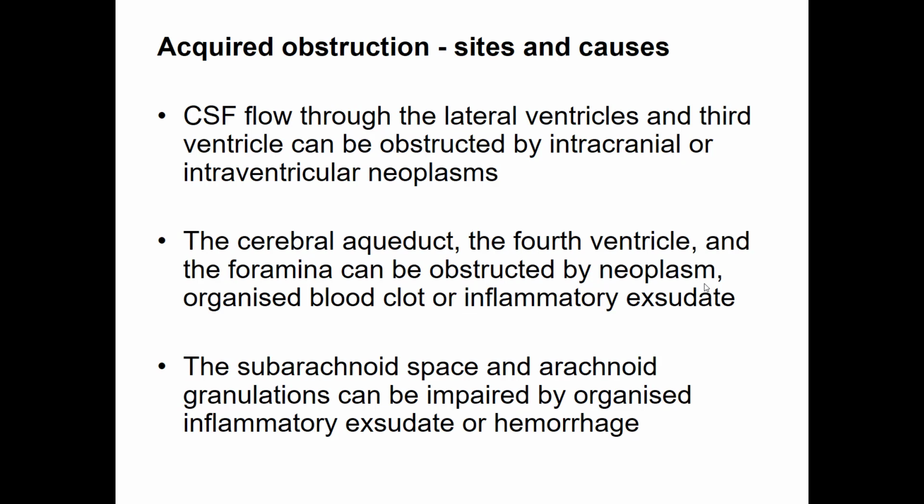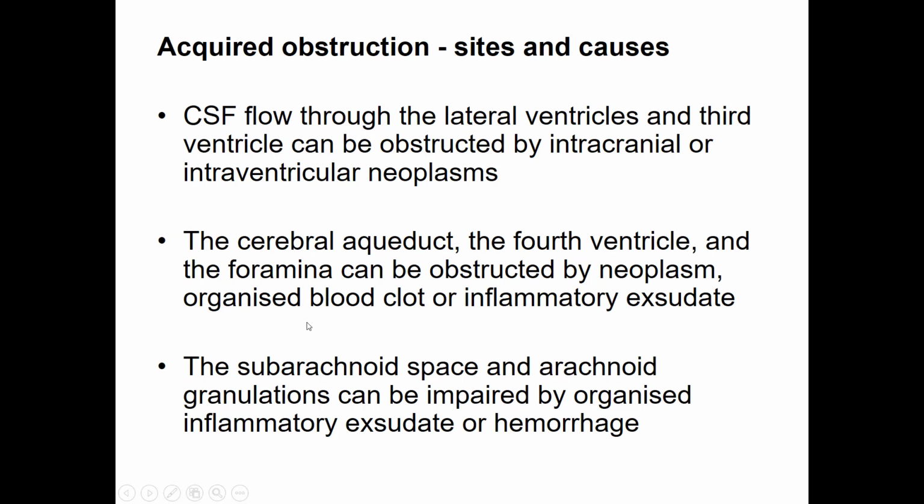lesions. At any anatomical site of the ventricular system the CSF flow can be impaired, and the usual suspects are neoplasms, intracranial or intraventricular neoplasms, or organized blood or inflammatory exudate obstructing the foramina.